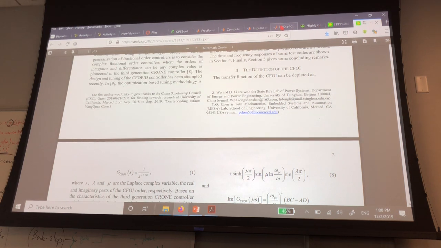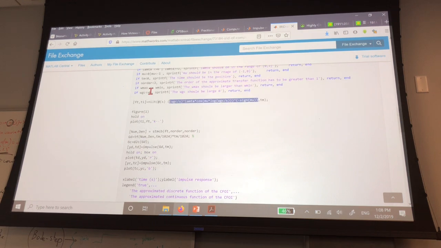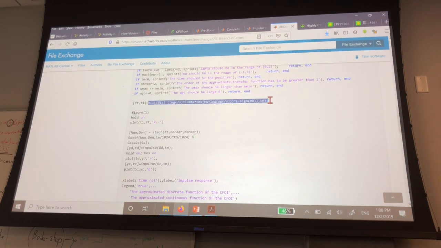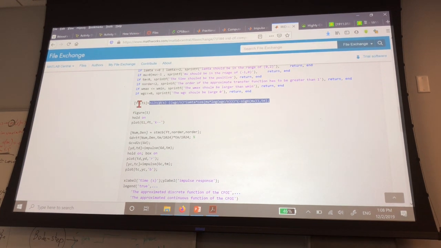But it doesn't matter. We just give this one to NILT, then we will be able to get the impulse response f(t), okay? So t1 is time, f(t) is the impulse response.